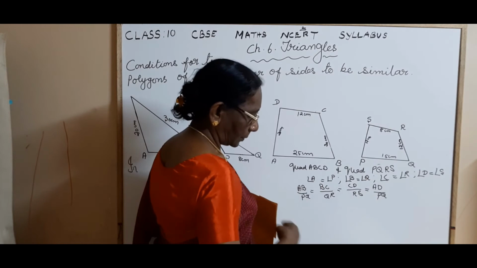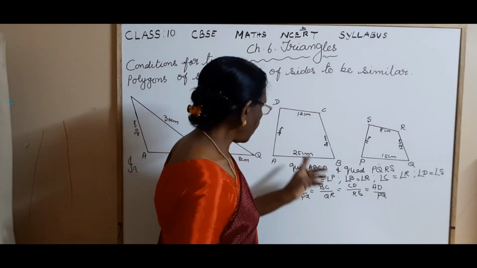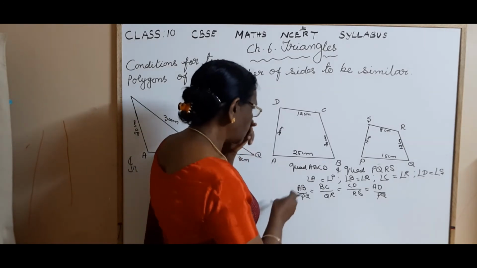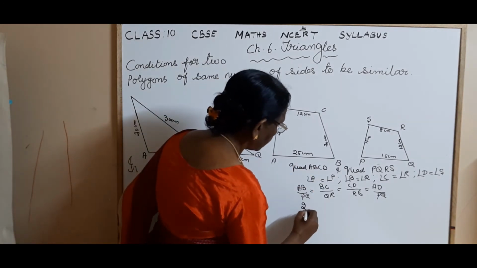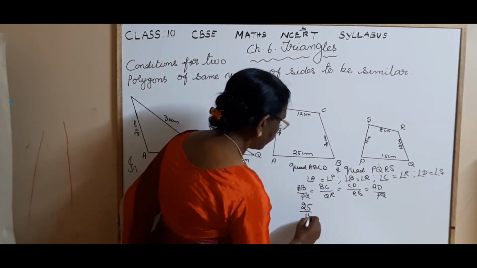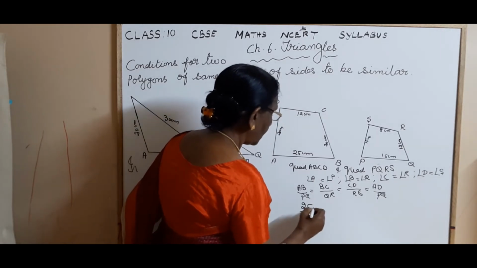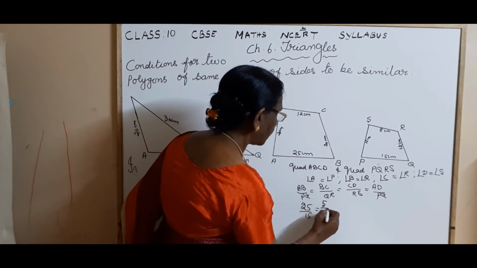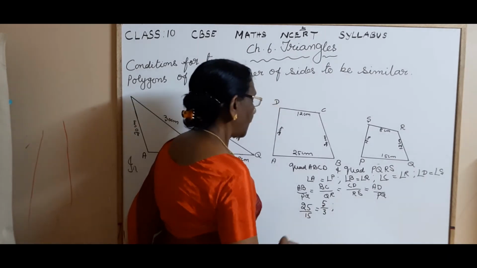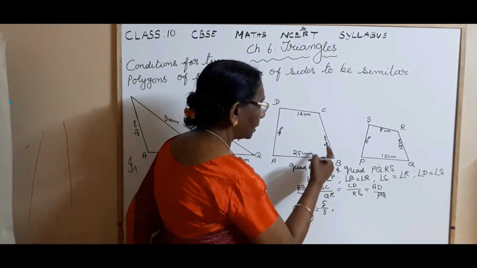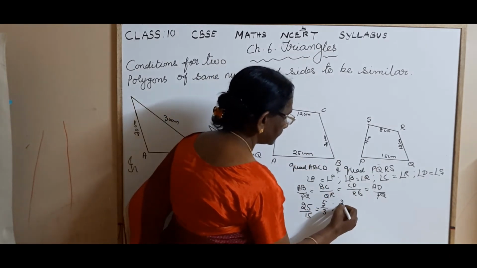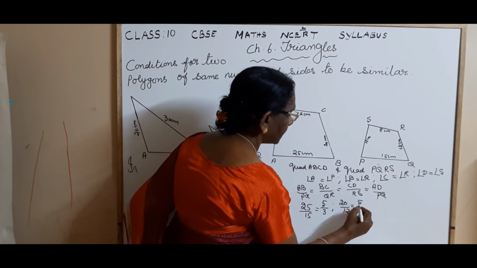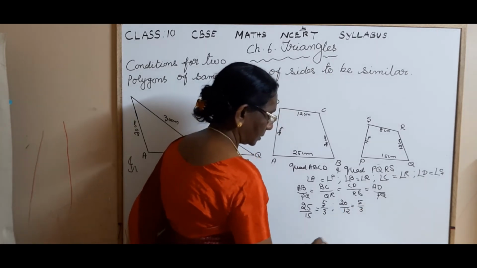So let us check with the measures. So AB is what? 25. 25 by 15 is equal to what? If you simplify, 5 by 3 we are getting. Then BC by QR, 20 by 12. What do you get? 5 4s are 20, 3 4s are 12. Getting 5 by 3.